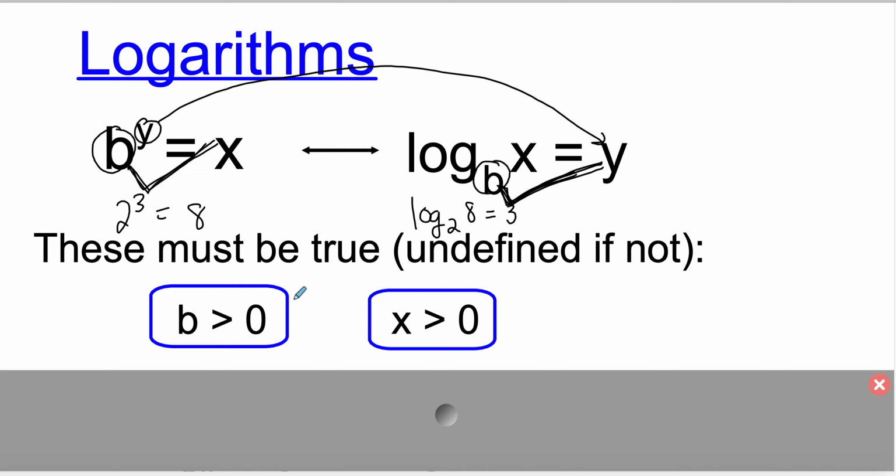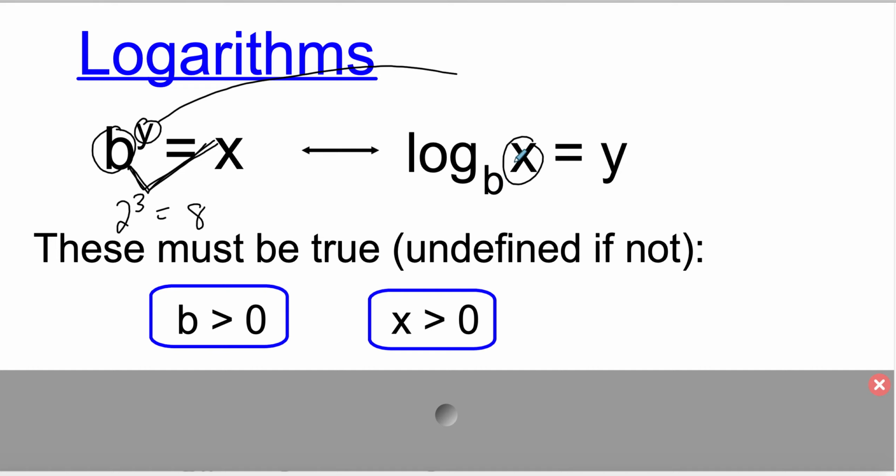But there's a few things we also have to remember in order for logarithms to work. So let me get rid of this stuff, get it out of the way. In order for logarithms to work, the base has to be greater than 0. We can't have a log base 0, and you don't want to have 0 to some power because it's always 0 anyways. And the number inside of the logarithm has to be greater than 0. Because remember, this is like trying to figure out a base to what a base turned into this number.